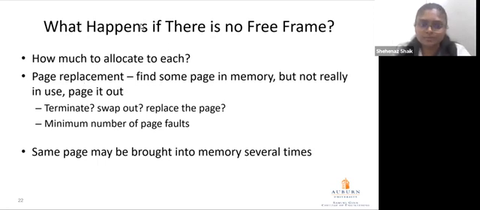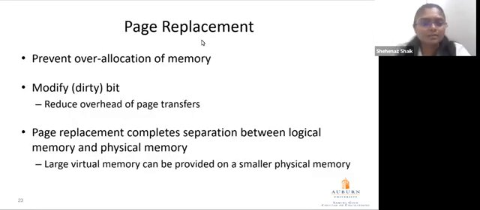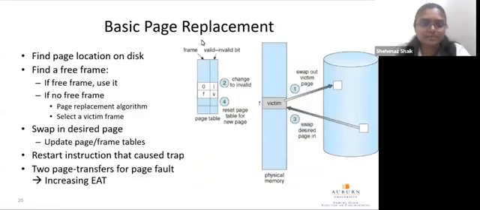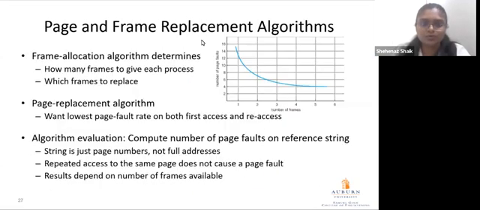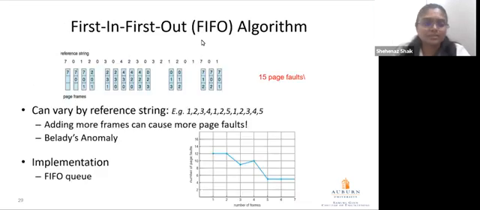And what is it that we can do when we do not have a free frame available whenever a page is requested, or whenever the requested page is not available in main memory? As part of that, we have discussed a couple of best practices again, and the overall approach for page replacement.